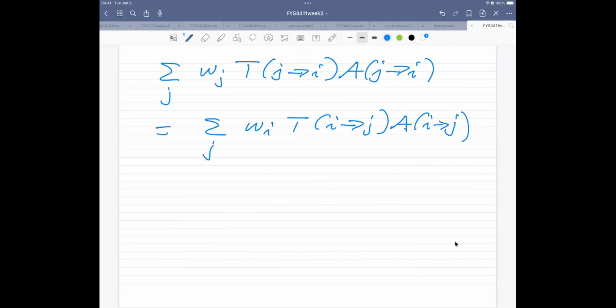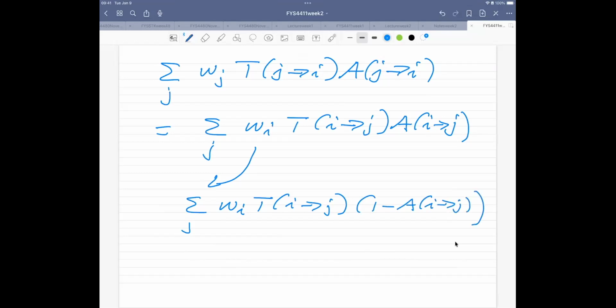So what happened when you look at that specific term, let's just single out that one. That term was originally given by the sum over J of Wi, and then we had T of I going to J, multiplied with 1 minus A of I going to J. Now, the first term sums simply to 1.